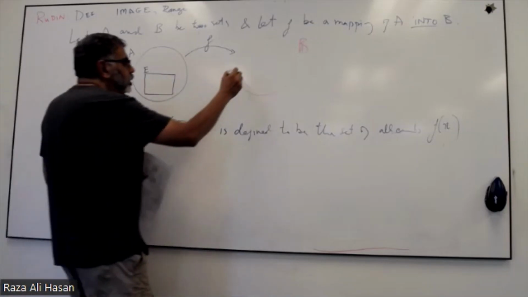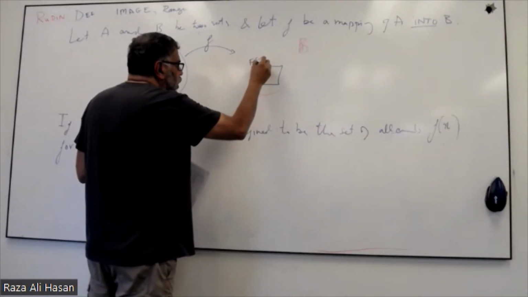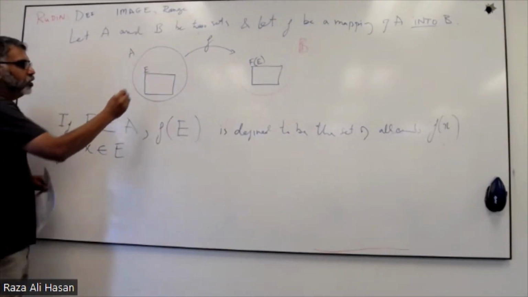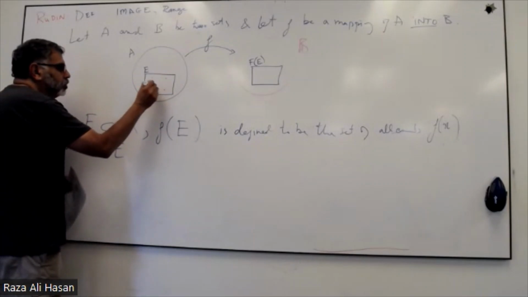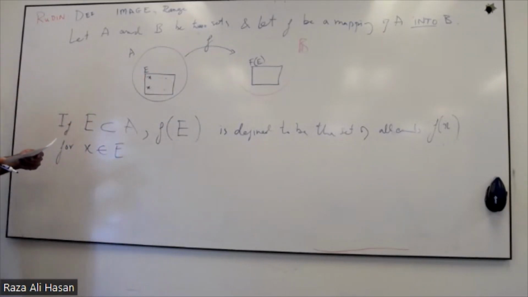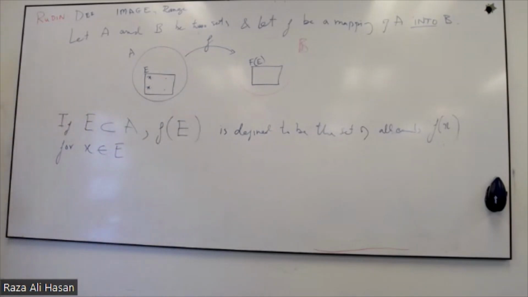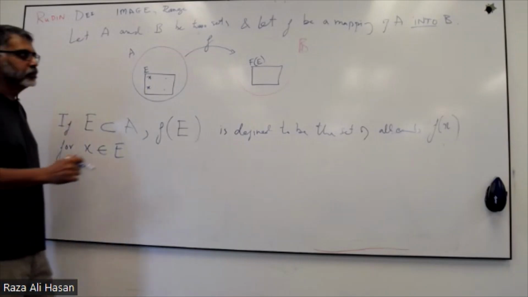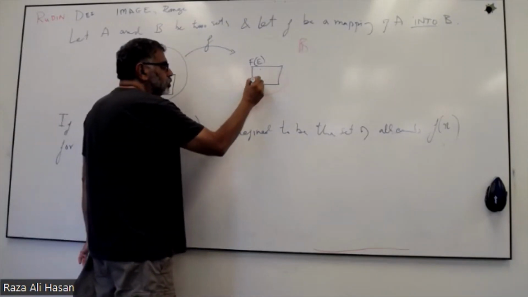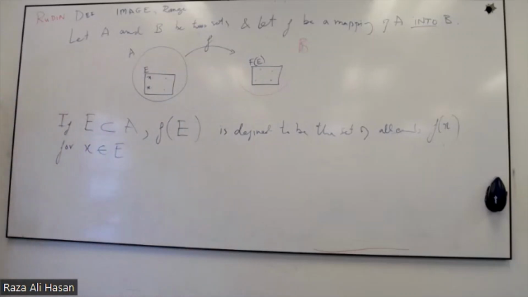So I'm going to put, if E has these elements, x and x, what are the elements here then? These guys. And they look like what according to the definition?